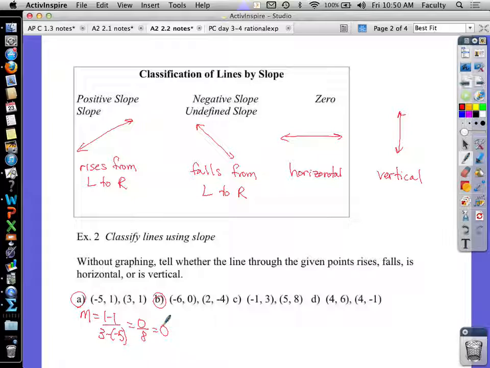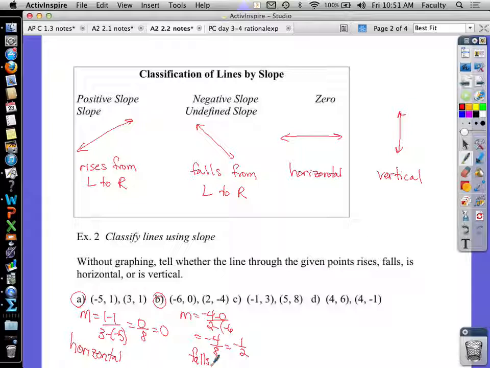So which is this? Horizontal, okay? In letter B, I would get negative 4 minus 0 over 2 minus negative 6. This is negative 4 over 8, which is negative 1/2. So it falls. Be careful.